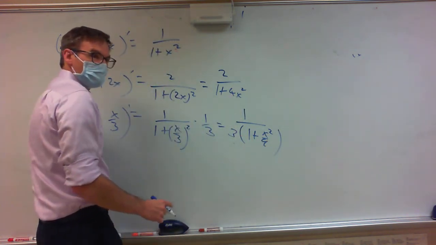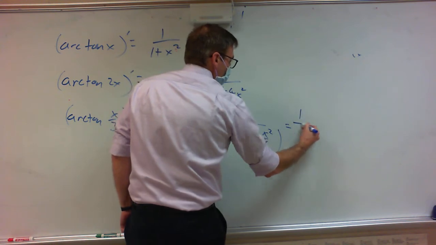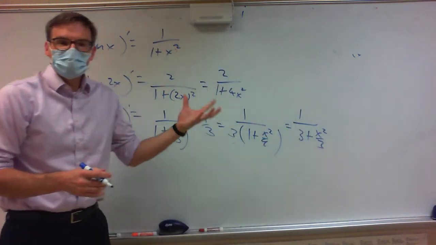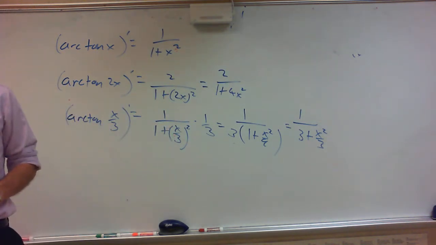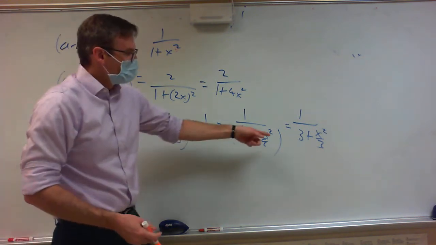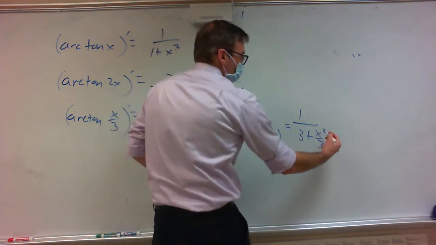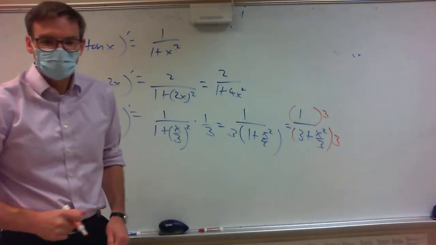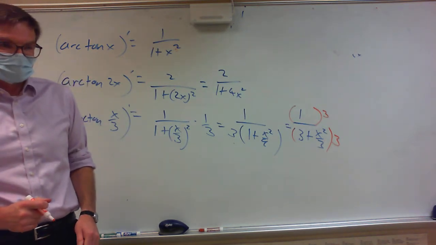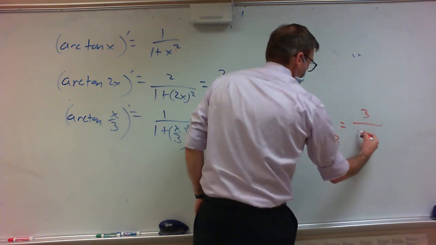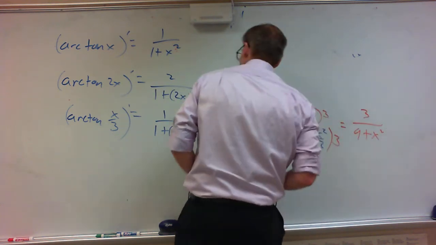If I distribute the 3, that gives me 1 over 3 plus x squared over 3. But I don't like layered fractions. And since I don't like layered fractions, to get rid of them, I'm going to multiply top and bottom by 3. See how it's going to get rid of it? And so now I end up with 3 over 9 plus x squared.